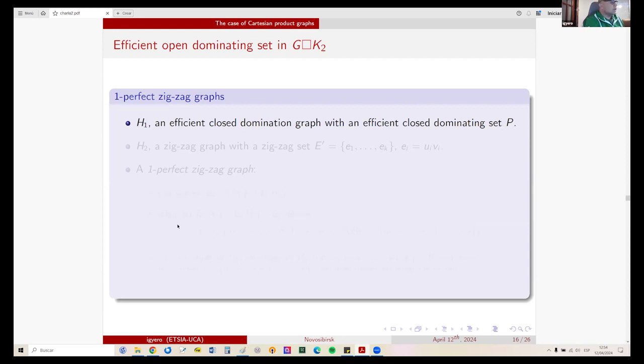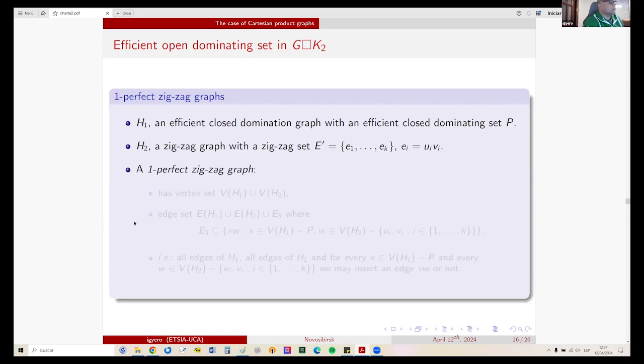We take H2, a zigzag graph, which has a zigzag set, this set of edges we have here. Then the one perfect zigzag graph has vertex set the vertices of H1 union the vertices of H2, and the set of edges is all the edges of H1, all the edges of H2, together with a set of edges E3, which joins some vertices of H1 and H2, but not just anyone, only some of them.